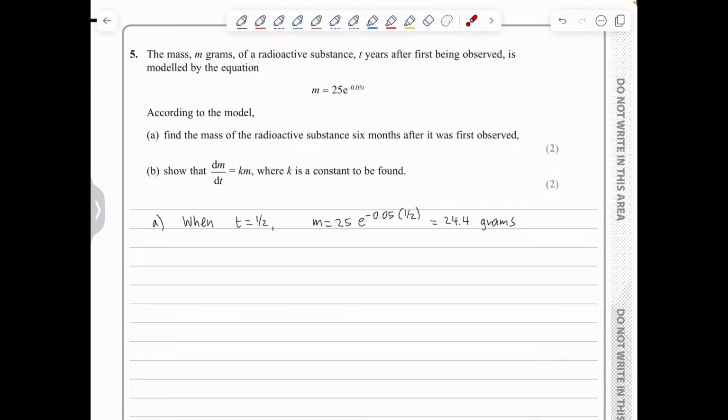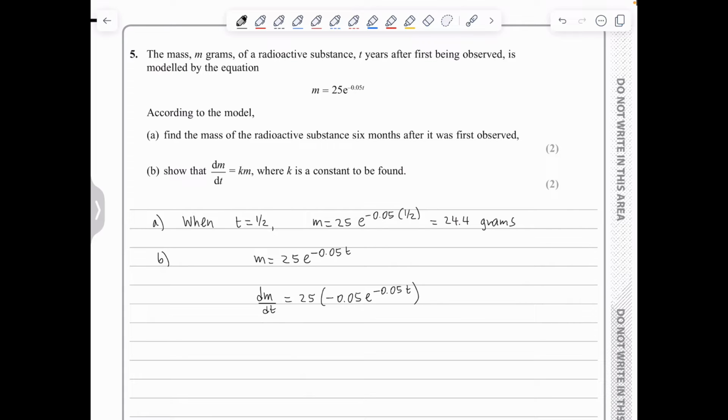In B, we need to show that dm/dt, the derivative, is equal to km, where k is a constant to be found. Well, starting with m is 25 e to the minus 0.05t, we have that dm/dt will be 25 times the derivative of e to the minus 0.05t, which is simply negative 0.05 e to the negative 0.05t.